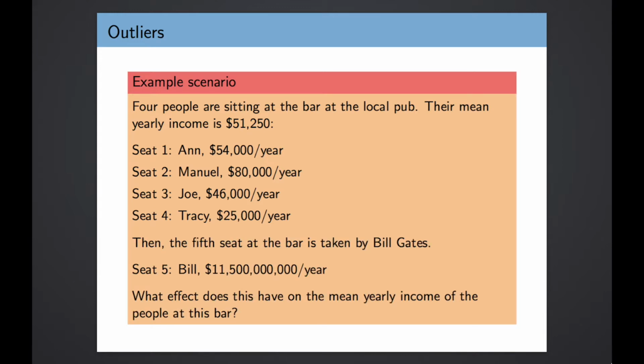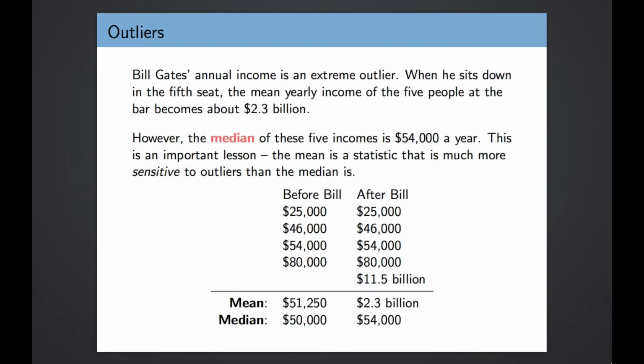And the 5th person is Bill Gates. Now, Bill Gates' annual income is around $11.5 billion a year. So what effect is this going to have on the mean income for the people at the bar? When we add up these 5 incomes, what we end up with is finding that the average income for these 5 people is around $2.3 billion a year.